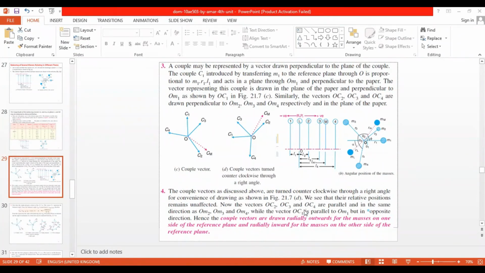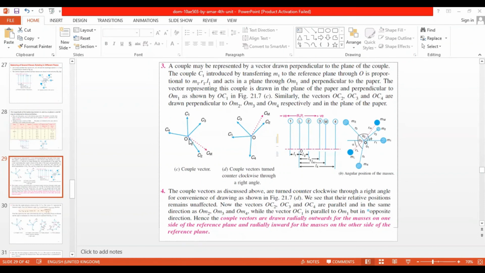Now the vectors OC2, OC3 and OC4 are parallel and in the same directions as OM2, OM3 and OM4, while the vector OC1 is parallel to OM1.